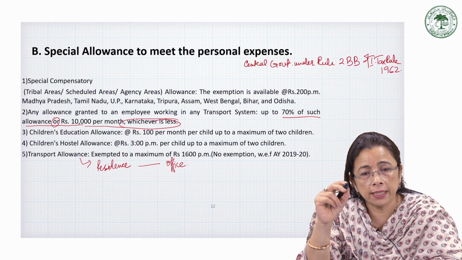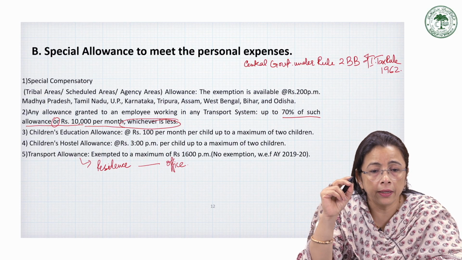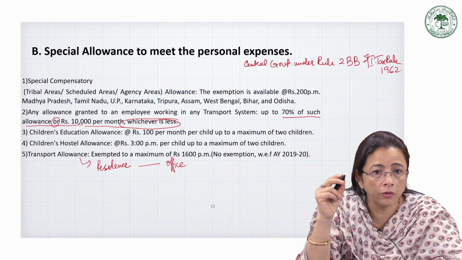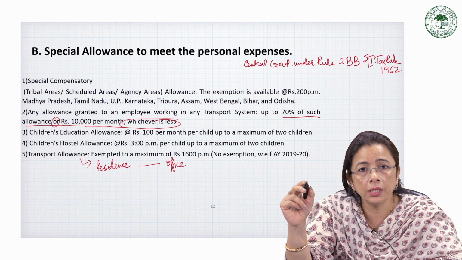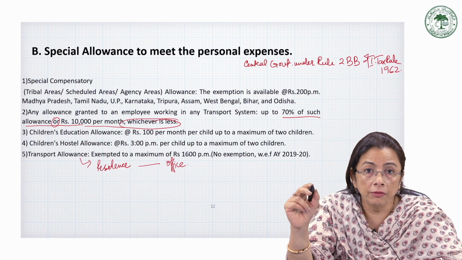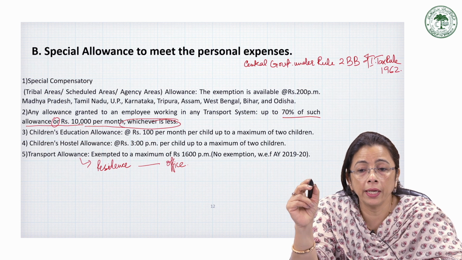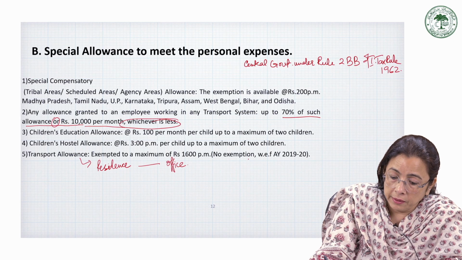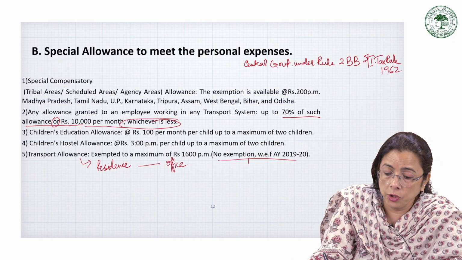From assessment year 2019-20, this was changed. The current rule is that the general exemption has been withdrawn for most employees after the introduction of the standard deduction, which we are giving under section 16, subsection 1A. It says no exemption with effect from 2019-20.